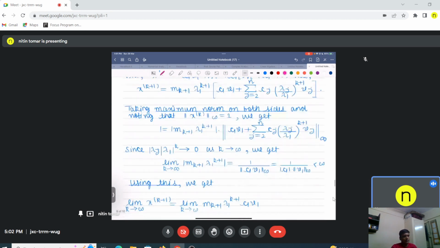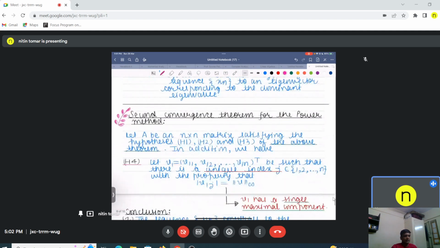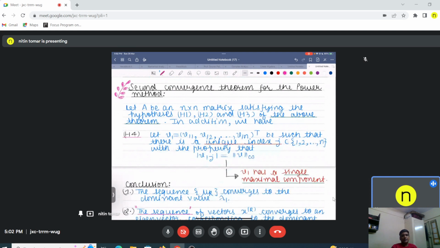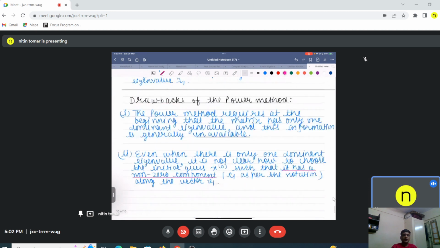So to attain the convergence of the sequence, you have to add an additional hypothesis, that V1 has a single maximal component. If that happens, then the sequence xk itself will converge to an eigenvector corresponding to the dominant eigenvalue lambda 1. So there are certain drawbacks as we have discussed.